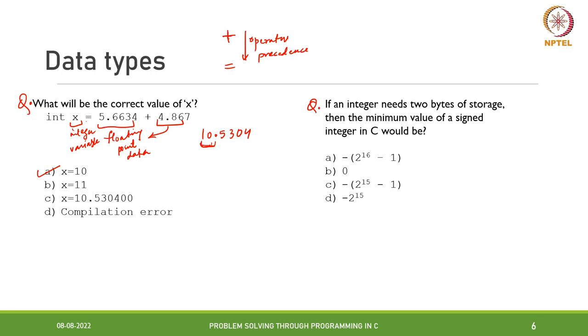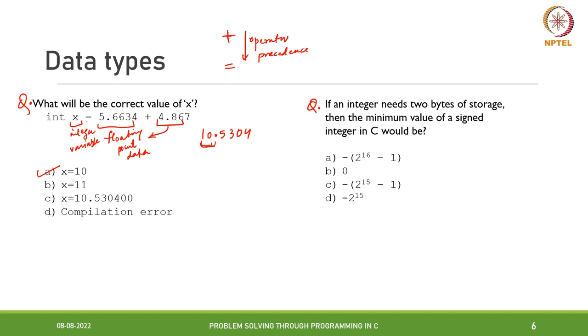Someone asked me to explain the previous question. So basically, what happens here is you are adding up two floating point variables. The addition operation has more precedence than the assignment operation, so first the addition occurs.